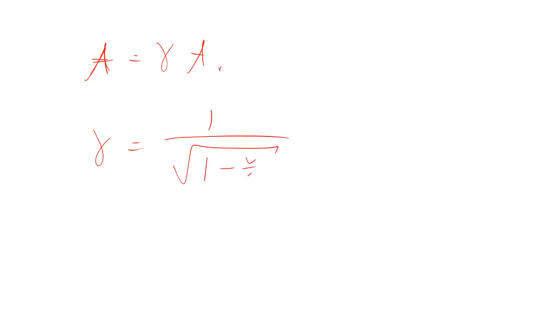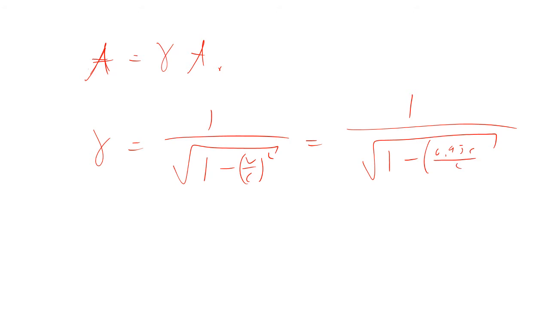Okay, and so we know that that time is going to be gamma times T naught. Gamma is 1 over square root of 1 minus (v over c) squared. So that's going to be 1 over square root of 1 minus (0.95c over c) squared. So those c's cancel.